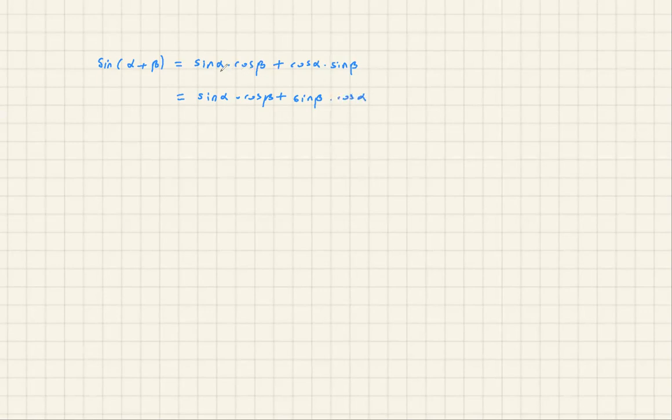In some cases, to remember it easily on top of your head, you can just say sine, cosine, cosine, sine. The sines are the ones starting and ending, and the cosines are in the middle.